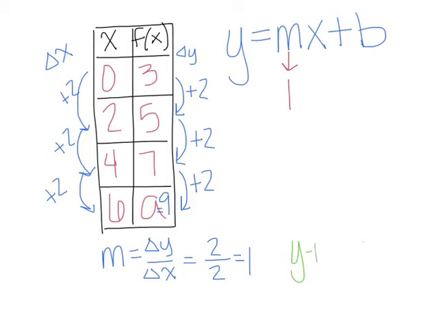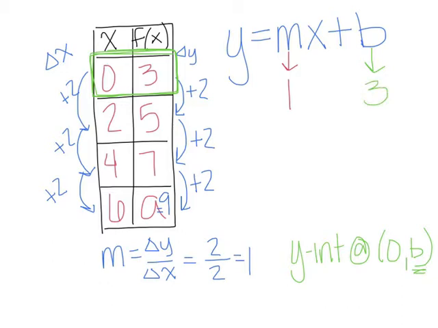The y-intercept is at the point when x is 0, y is b, because it's that b value that we're looking at. Okay, so we're going to replace b with the y value when x is 0. So I'm going to come over here to my table and find the point when x is 0. You can see that when x is 0, y is 3. So 3 is our b value.